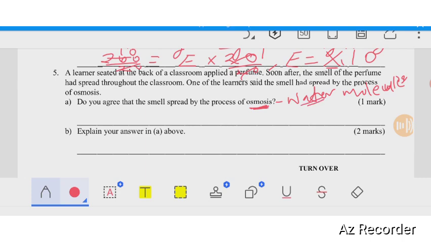So here what we are dealing with is the smell of a perfume, which is basically particles of air from a perfume. So this process cannot be osmosis, so your answer should be no. Because osmosis deals with water molecules moving from a region of high concentration to a region of low concentration across a semi-permeable membrane.